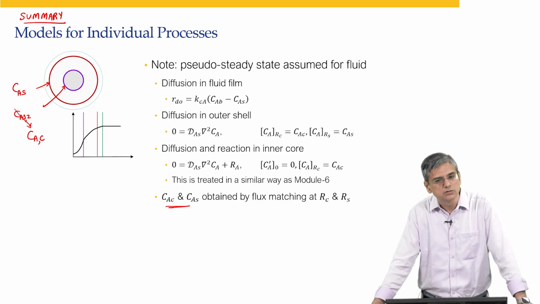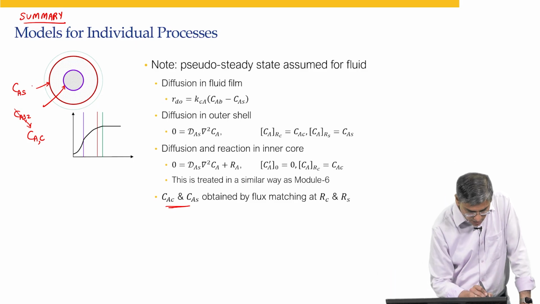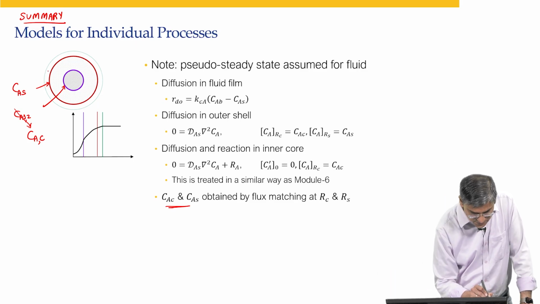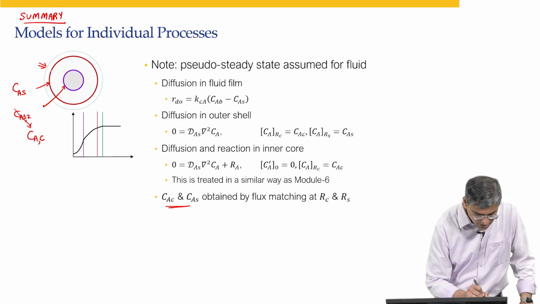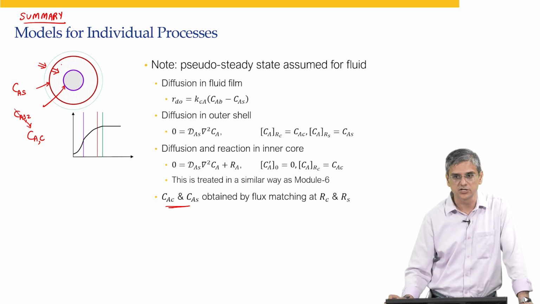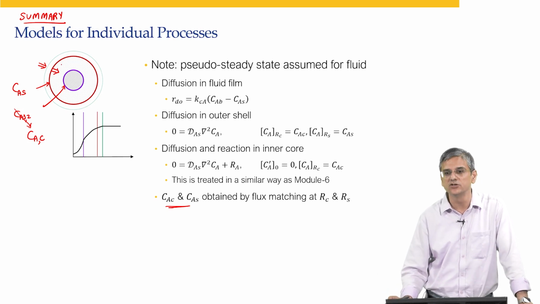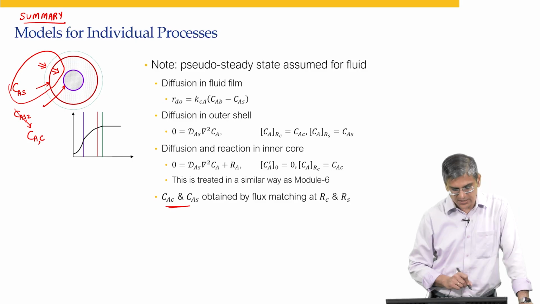How do we obtain that? How we obtain CAS is basically the flux that comes in over here will be exactly matched by the flux multiplied by area going in over here. This matching will give us CAS.